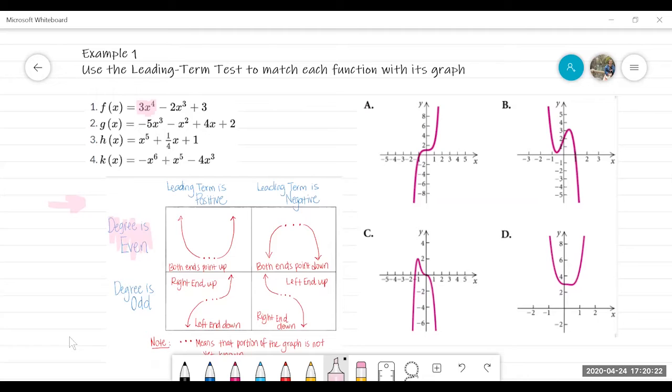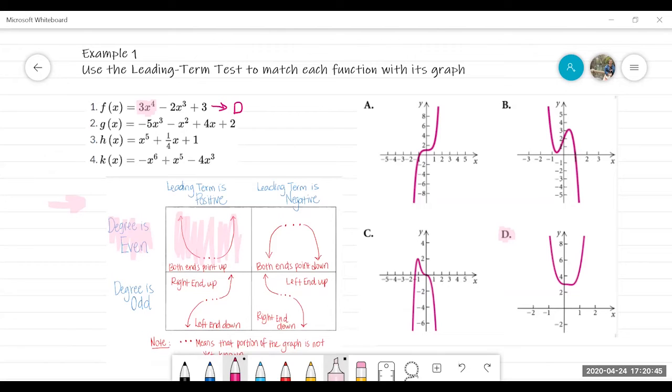And then it's positive, so that puts us in this category. That means that overall, we're looking for the function that has both ends pointing up, and I would say that's D. So number 1 matches with graph D.